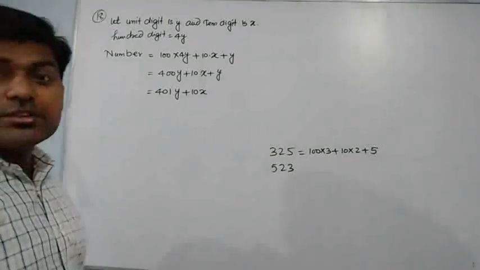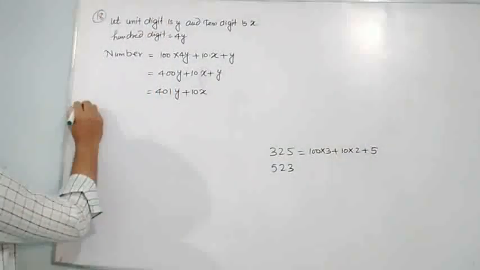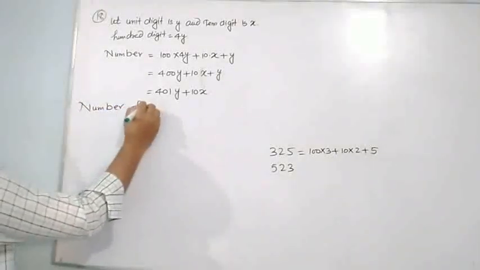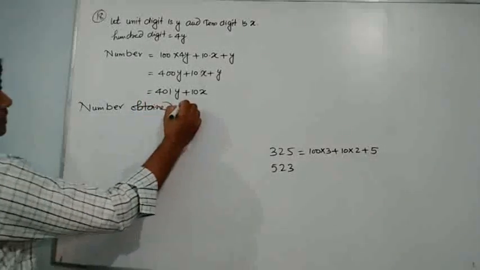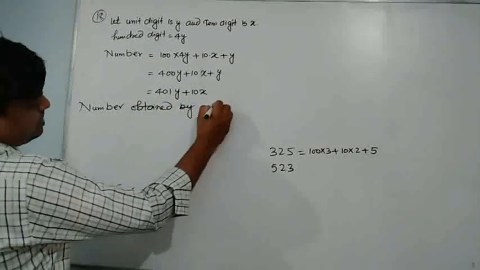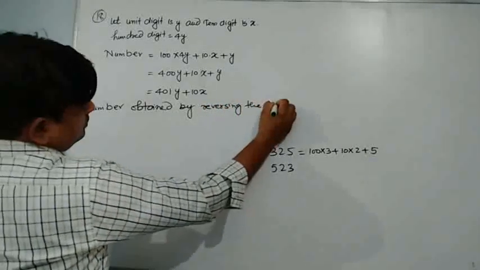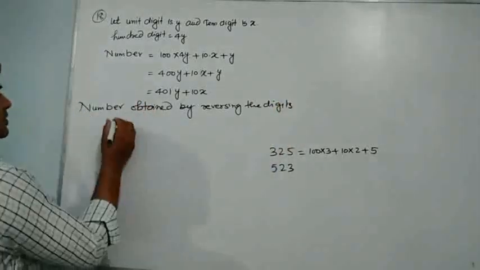And the number obtained by reversing the digits, what will it be?